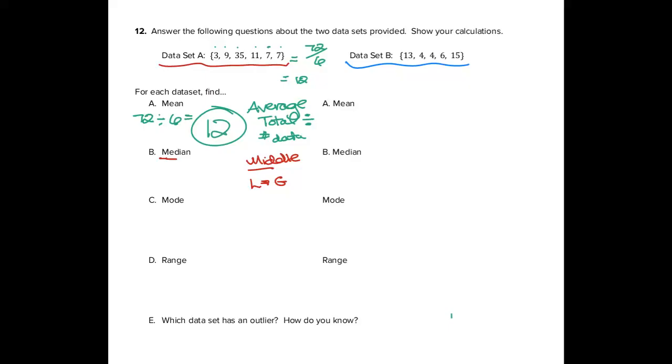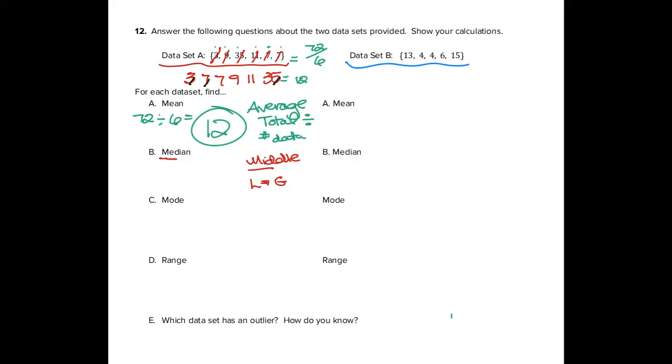So starting with the smallest, 3, cross them off when you rewrite them. That way you won't be looking at those numbers again. 7, 7, 9, 11, and 35. And just write them down. It's so much easier than trying to do it in your head.